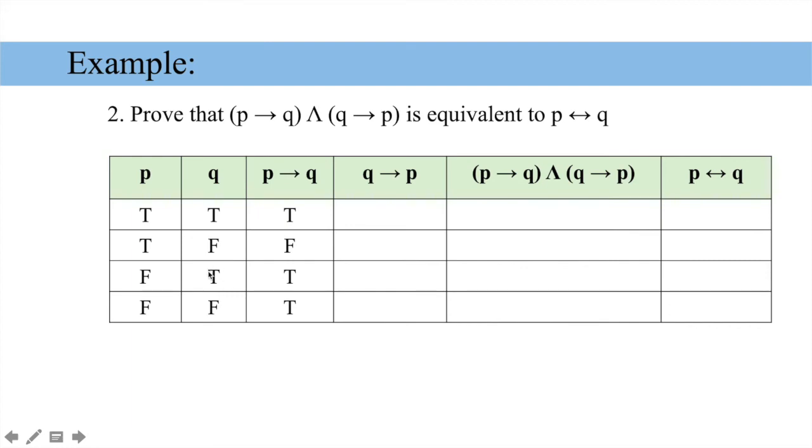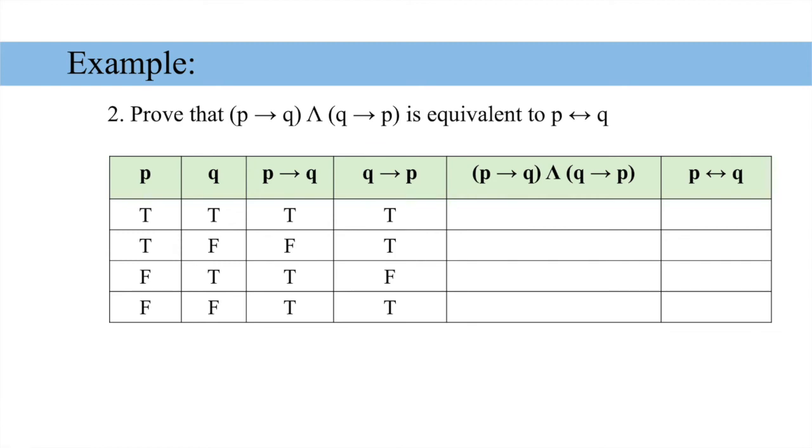That is the only false, otherwise true. So you might get confused, so take note of the arrow, the position of the expression. In the first, P is our antecedent and Q is our consequent. But here, Q is our antecedent and P is our consequent.